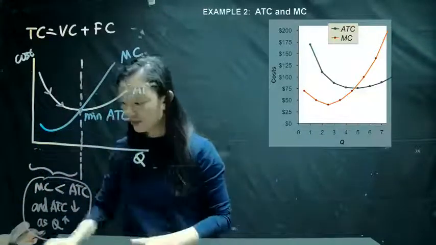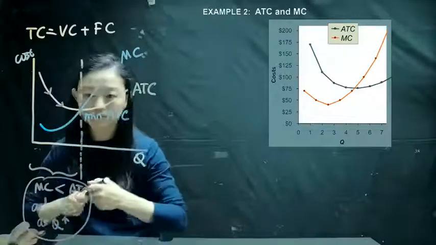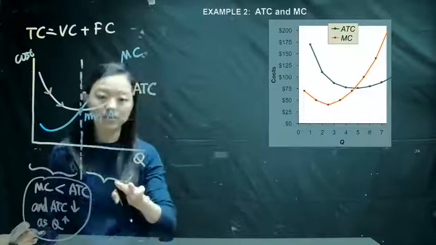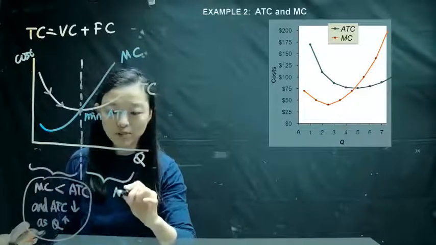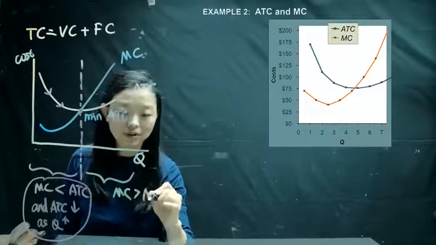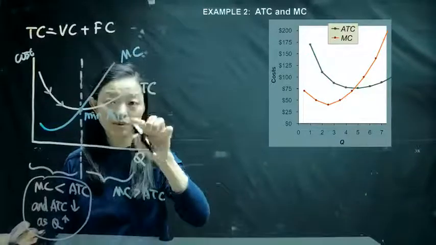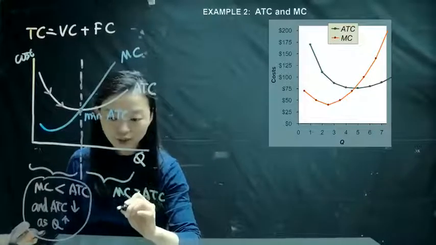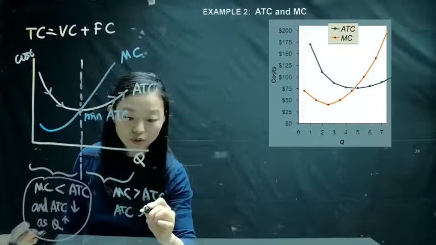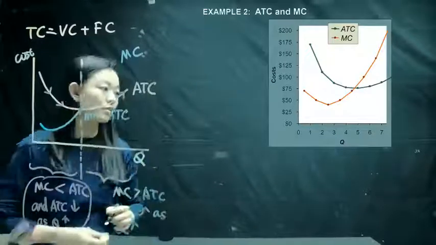However, what happens in this part? Here marginal cost is now above average total cost, and average total cost increases as output increases. Make sense or not?